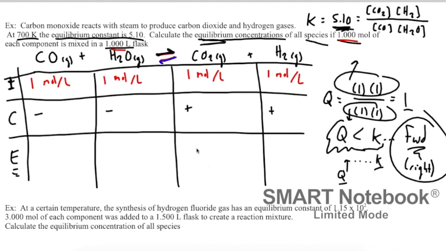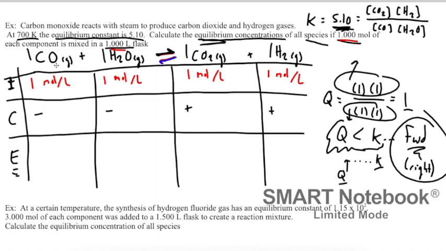Okay. This is now where stoichiometry is going to come into play. The changes that these substances experience are all proportional to the stoichiometric coefficient in your balanced chemical reaction. In other words, think about this. The stoichiometry says these are all related by a ratio of 1 to 1 to 1 to 1.